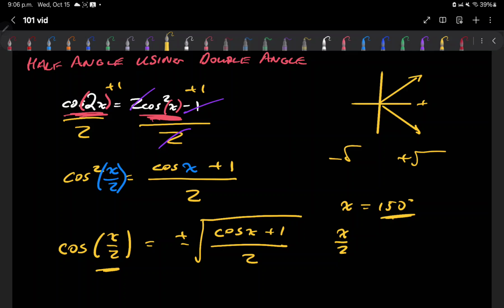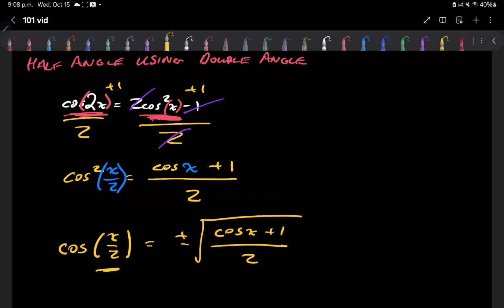But we need to know where x by 2 is. So that would be 75. So you would be checking in quadrant 1 and not quadrant 2 for this. Hopefully that makes sense, because that's new for me.